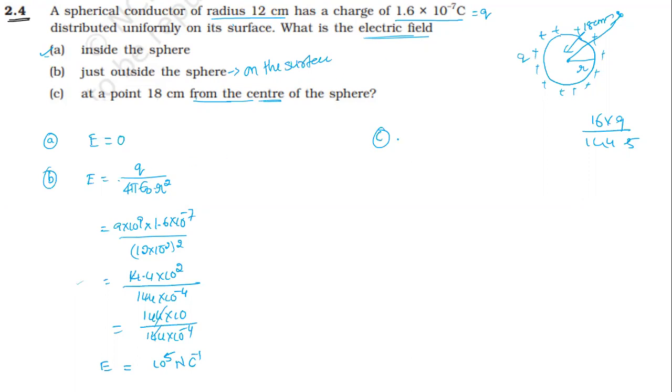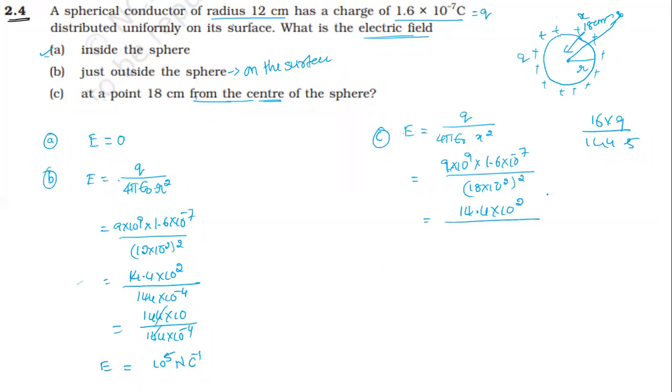So now I want to find the electric field again. Electric field is given by Q divided by 4 pi epsilon naught into distance, let's say x, x square. Let us insert the values. First 1 by 4 pi epsilon naught, 9 into 10 power 9, into Q is 1.6 into 10 power minus 7, divided by distance x square. So 18 centimeter, so it is 18 into 10 power minus 2 whole square. The numerator, if you multiply, becomes 14.4 into 10 power 2.